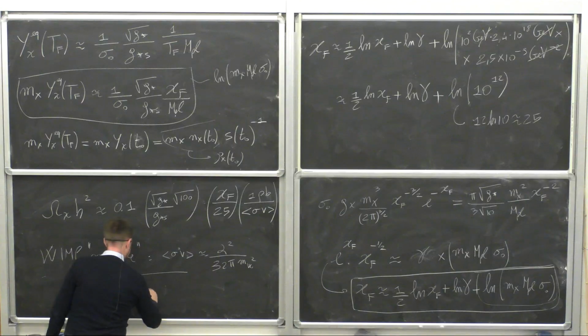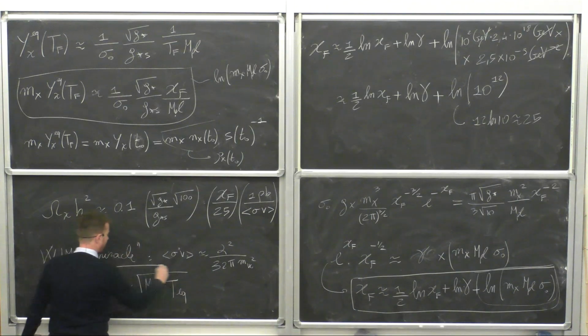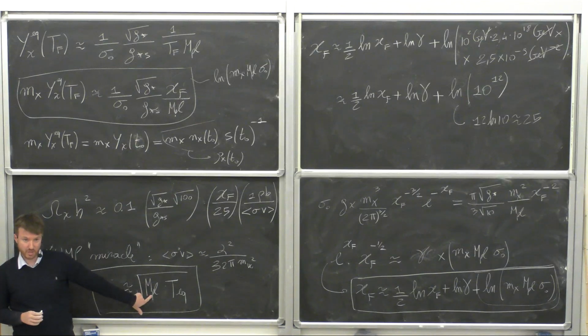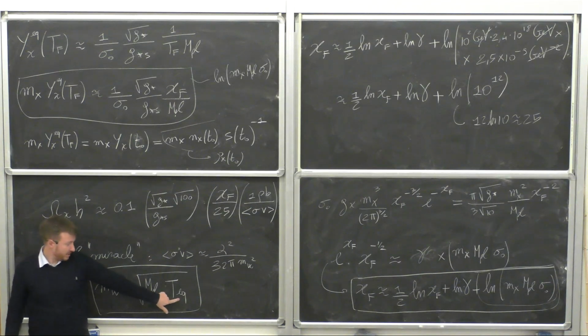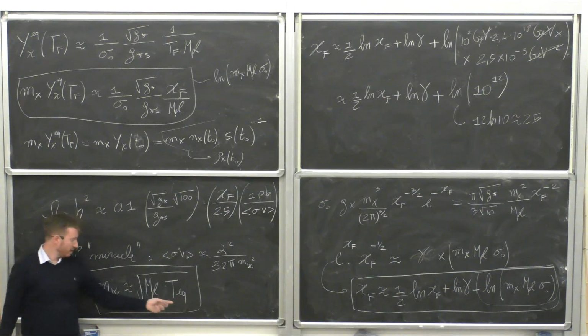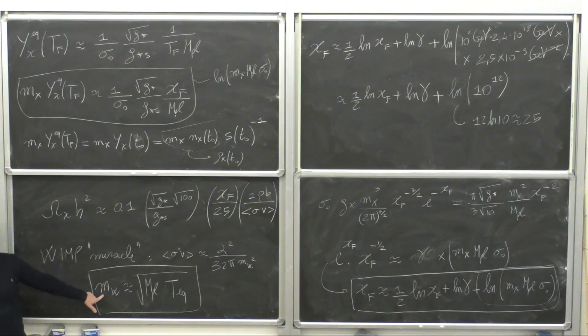So if you take the geometric mean of the Planck mass and the matter-radiation equality temperature in GeV, you get the weak scale, okay?